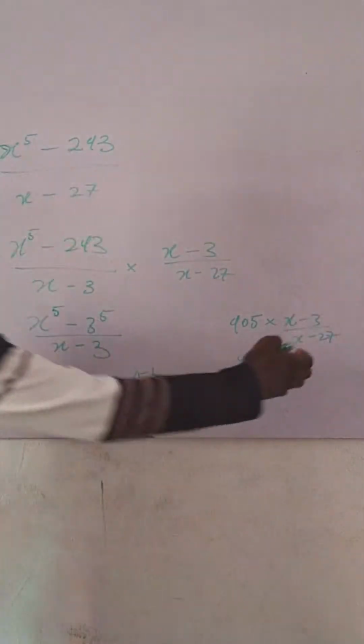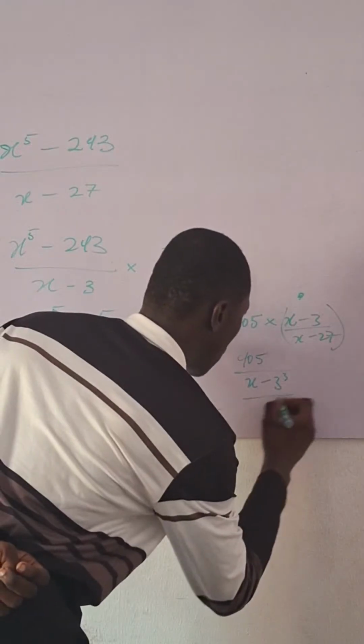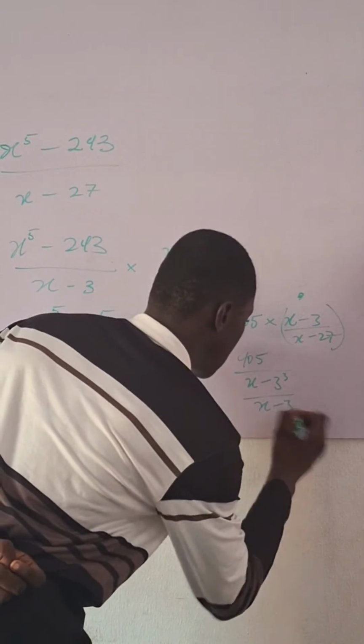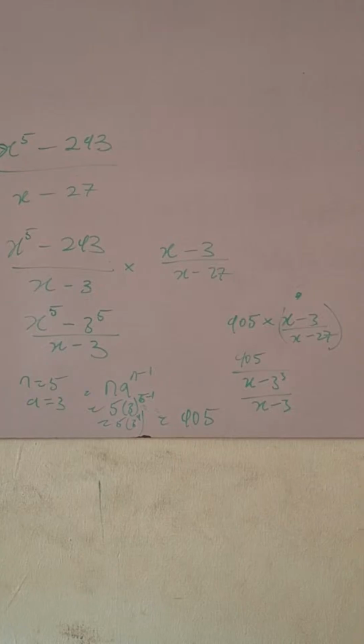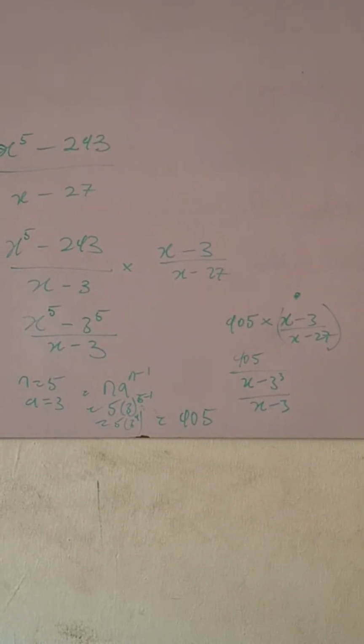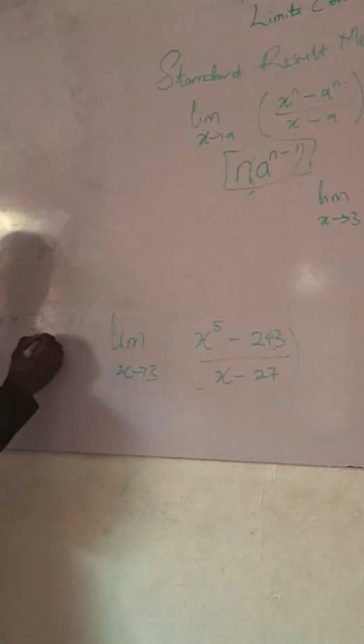If I write this guy as 405, because this is not in the format of 3 cube over x raised to power minus 3. Did I change the question? I did not change the question, right? Do you understand what I did? What I did was, I'm having 8 times 32 over 64.